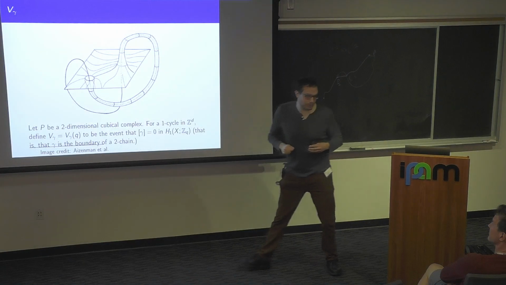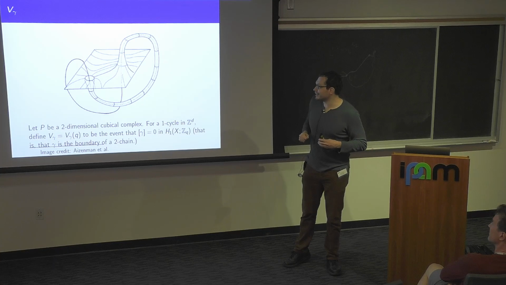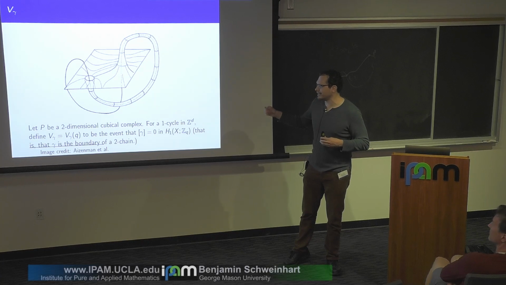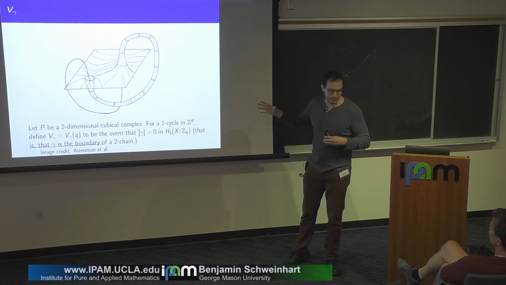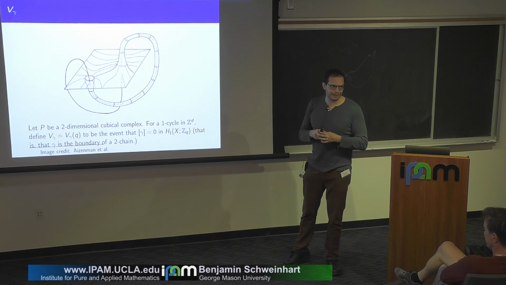This has linking number 2 with your rectangle. So that obstructs V_gamma of Q for any Q other than 2, but not for Q equals 2. Okay?